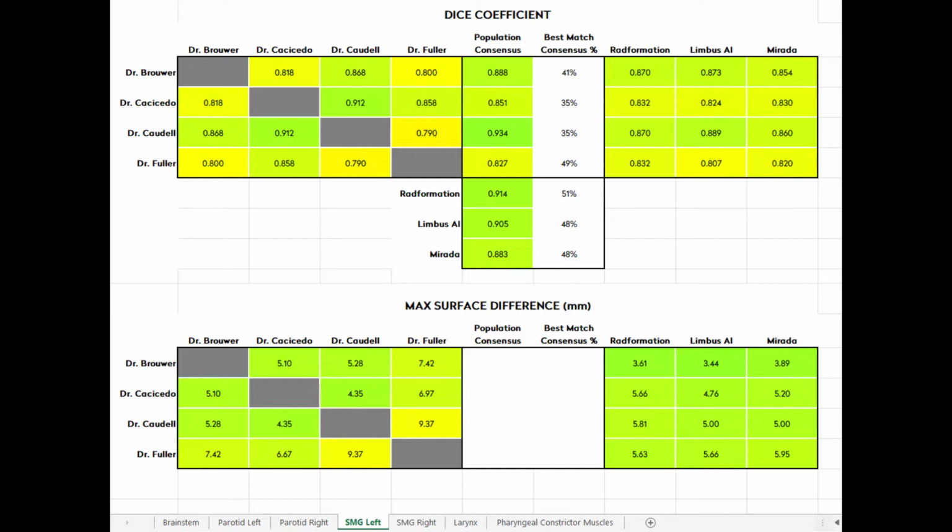And then for the surface difference, again, the more matching it is, the greener it gets. The less matching it is, the more red it gets. Here I think the color coding lookup table was pretty liberal. I think 20 millimeters difference would be red, 10 millimeters yellow, and then as you approach 0, it gets green. So this was our least variable population organ, the left submandibular gland.